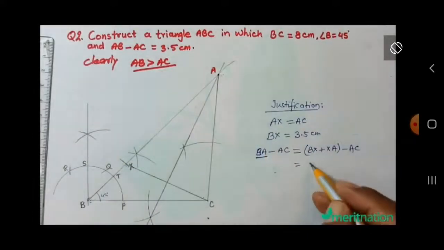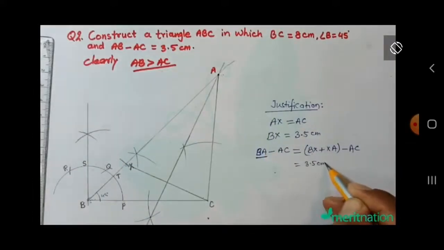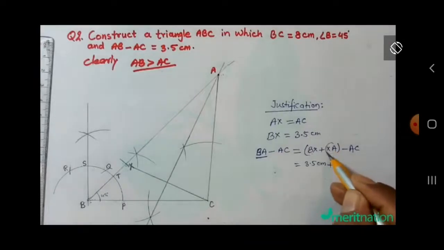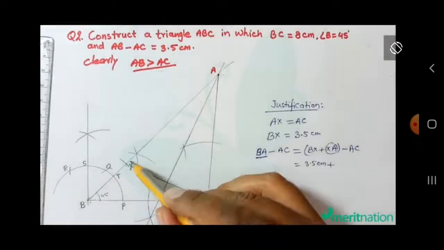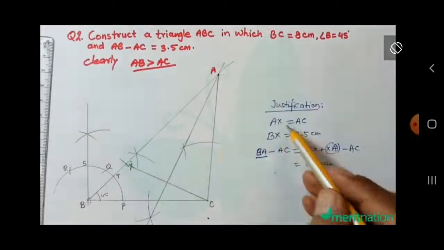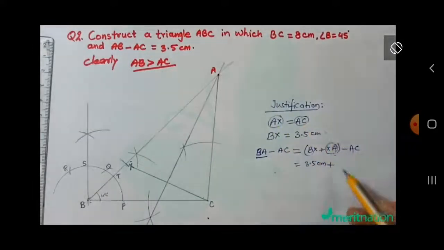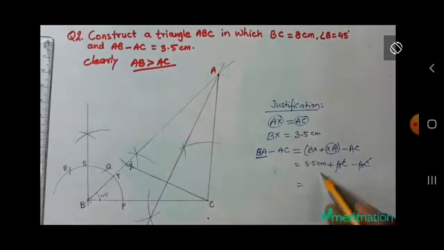Now notice that BX is equal to 3.5 centimeters. XA is equal to AC, so we can replace XA by AC. And minus AC is also there. So AC got cancelled. So BA minus AC is equal to 3.5 centimeters. Right. So this is the justification.